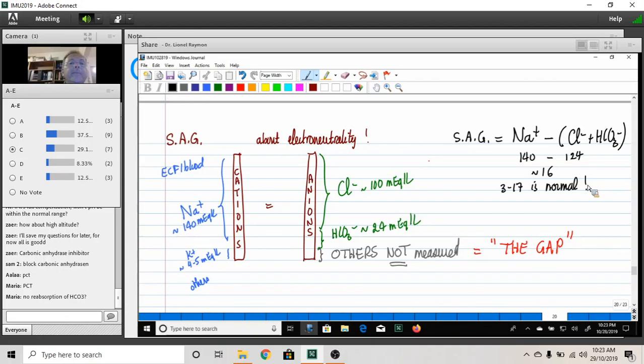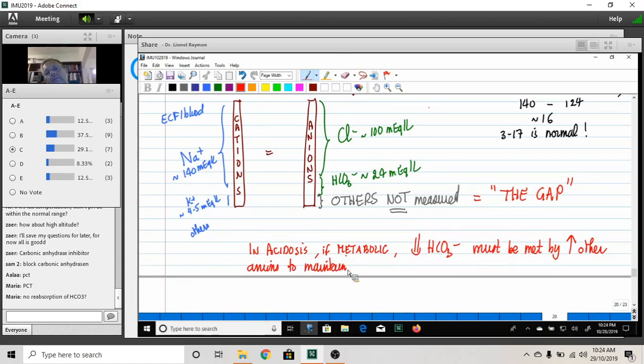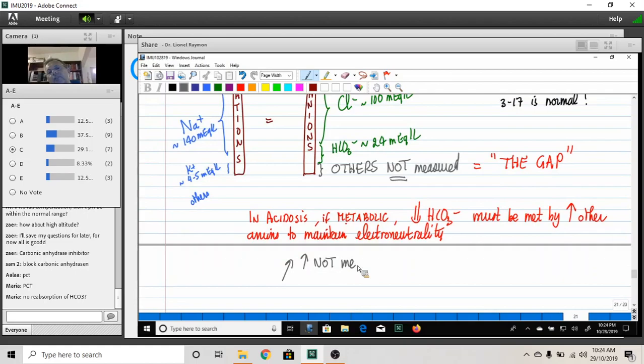In acidosis, if it's metabolic, a decrease in bicarb must be met by increased other anions to maintain electroneutrality. It could be increased unmeasured ones.